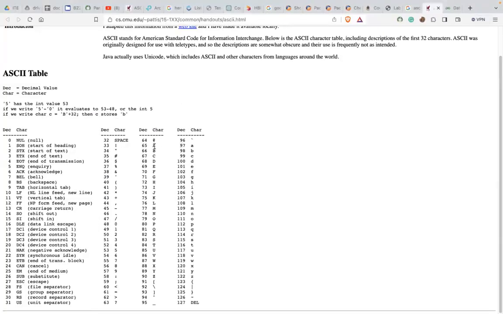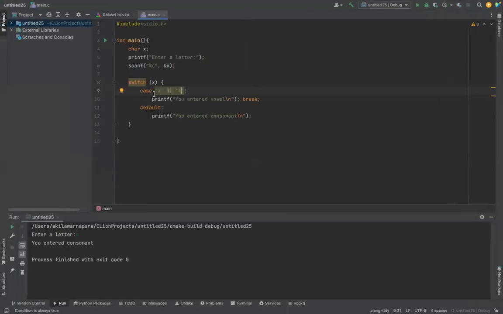A is 65, so here it is replaced by 97, and here it is replaced by 65. 97 means it is actually a Boolean value true. Here also Boolean value true. Both sides are true, therefore the output is true. True means 1. So that means this may use case 1. Case 1 actually means consonant. So it doesn't work, isn't it?